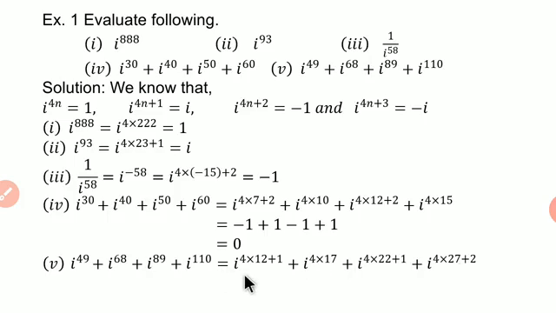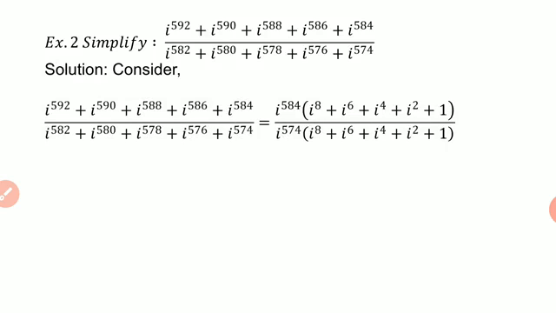Substituting the corresponding values, here we get it is equal to i plus 1 plus i minus 1. Now plus 1 minus 1 get cancelled and i plus i is 2i. So value for i raised to 49 plus i raised to 68 plus i raised to 89 plus i raised to 110 is equal to 2i.